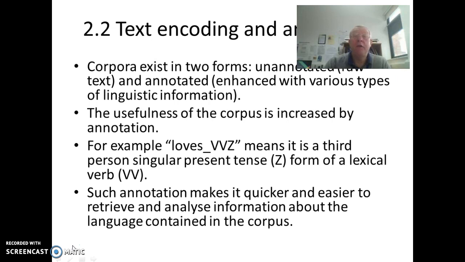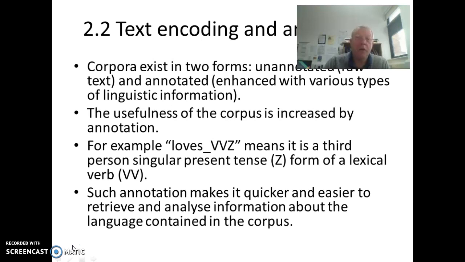Corpora exist in two forms: unannotated, the so-called raw text, and annotated, where the text is enhanced with various types of linguistic information. The usefulness of the corpus is increased by annotation.